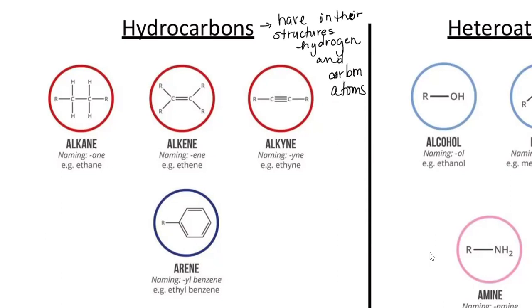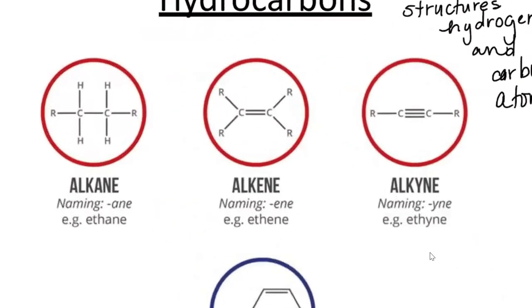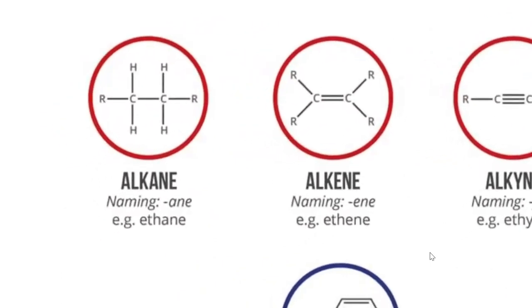Now, there are four members of the hydrocarbon family, starting with alkanes. When you have an alkane, alkanes are symbolized by having carbon-carbon single bonds and carbon-hydrogen single bonds. That's what makes an alkane.